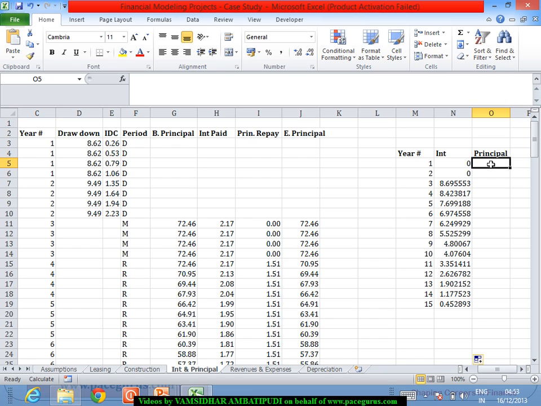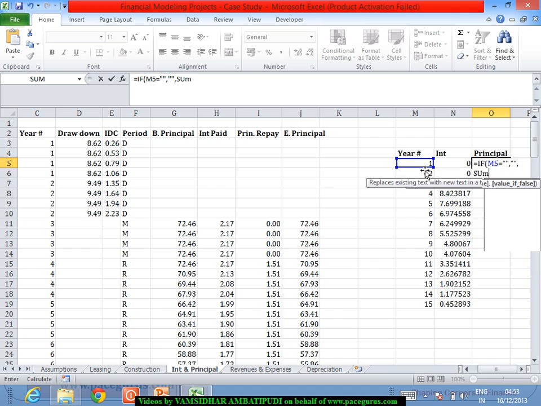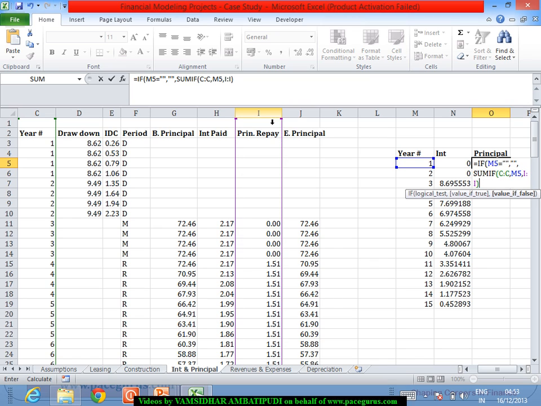Similarly, I can do the same formula. If this is equal to blank, leave it as blank, otherwise do a sum if in this particular column, match it with the year number and do the summation of the principal repayment.